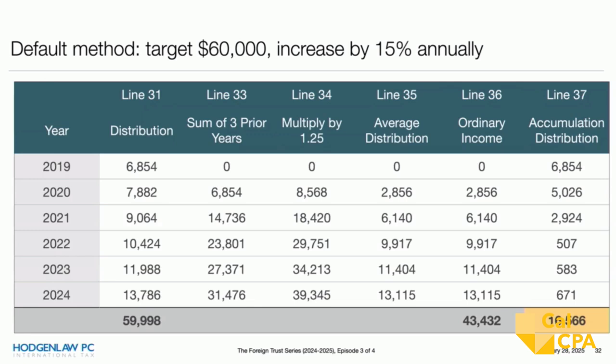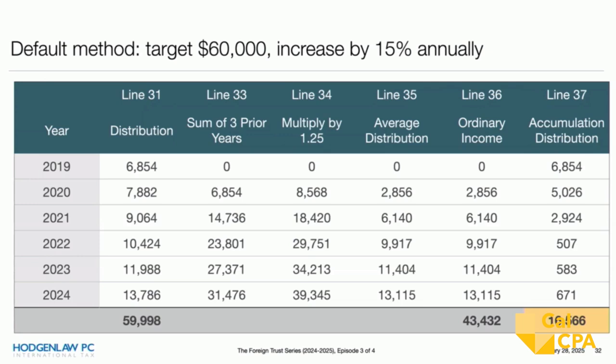Now, just to show you that you don't want to go above 12%, I've got a simple math example where the annual increase in the amount of distribution is going to be 15%, again, aimed at a target of 60,000 to be distributed. So we start even lower, but we're increasing by 15%. And you can see how the first 3 years of accumulation distribution are there as to be expected.